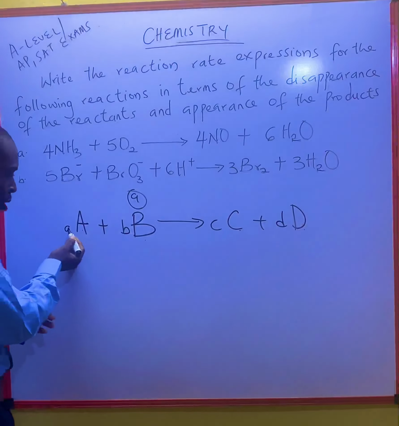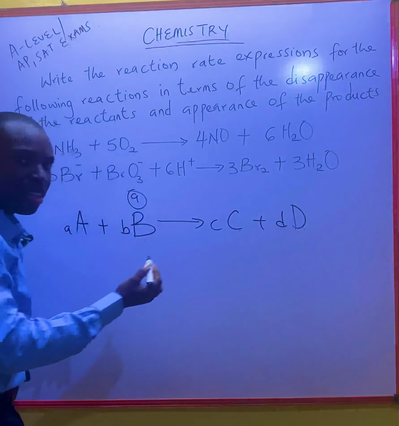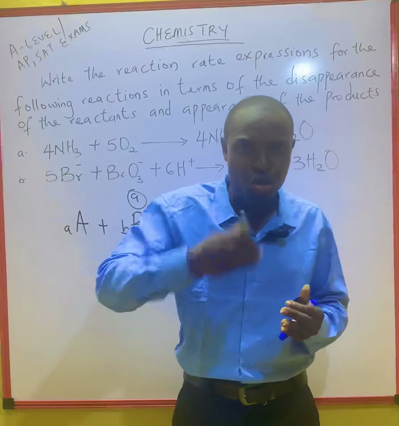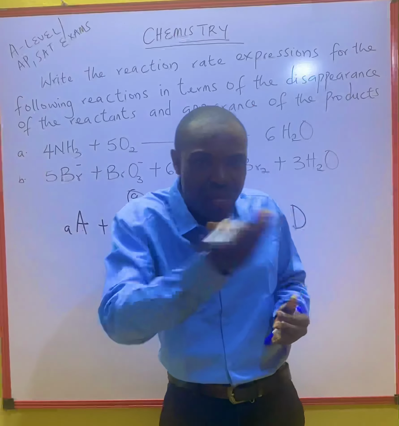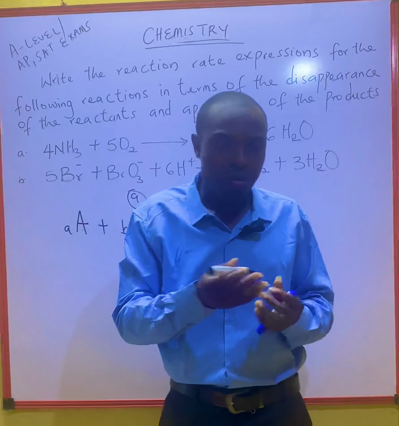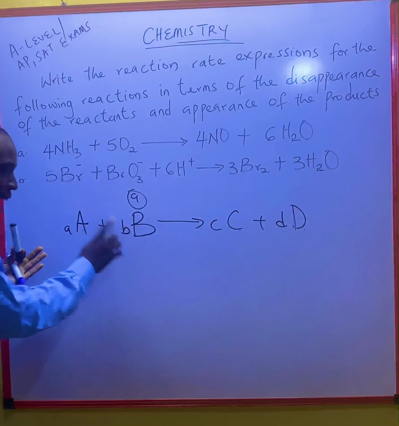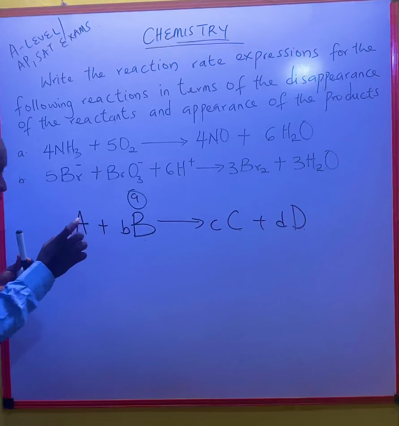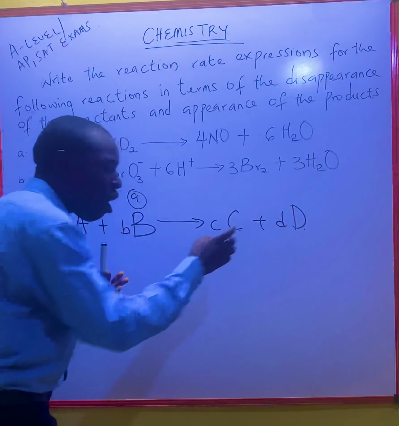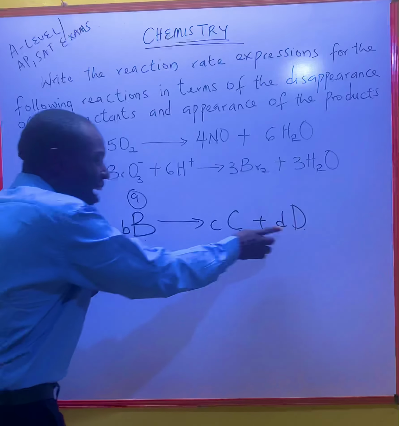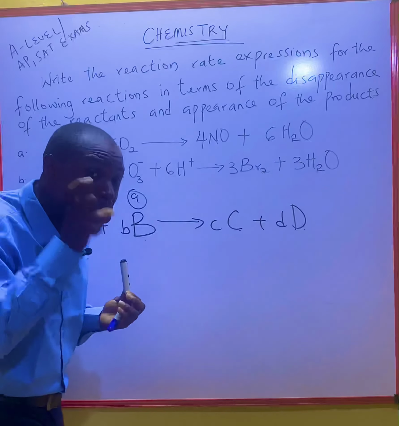You see these small letters, they act as the coefficient or as the mole ratio of the given reaction. Now, be very, very observant here. a and b are the coefficients of the reactants. c and d are the coefficients of the products.